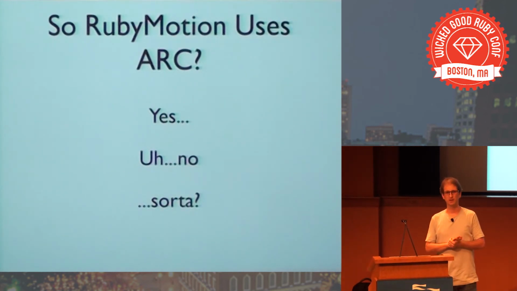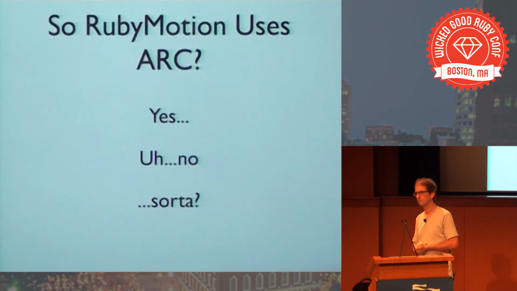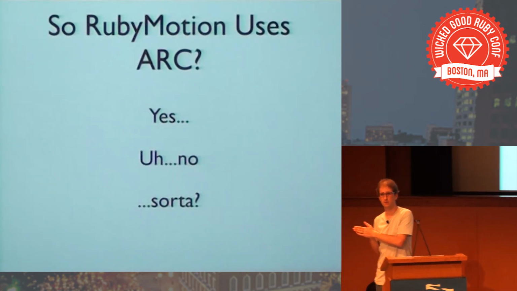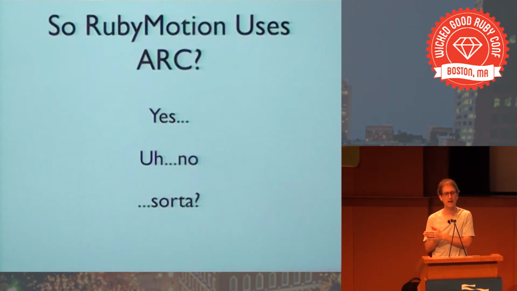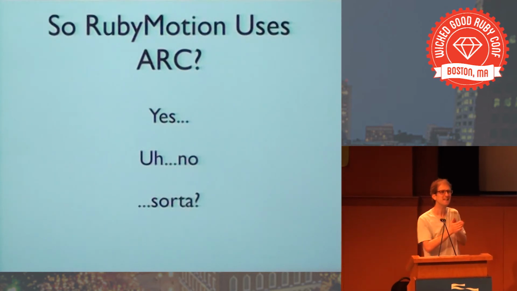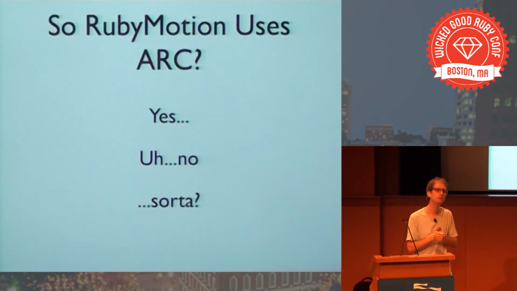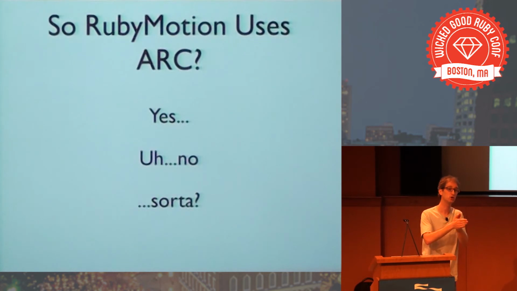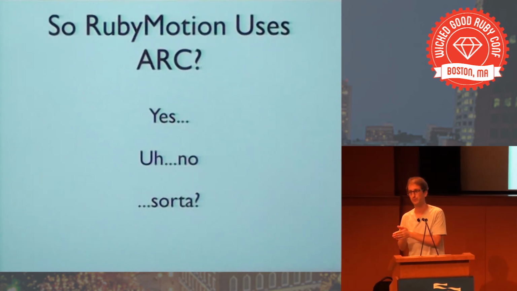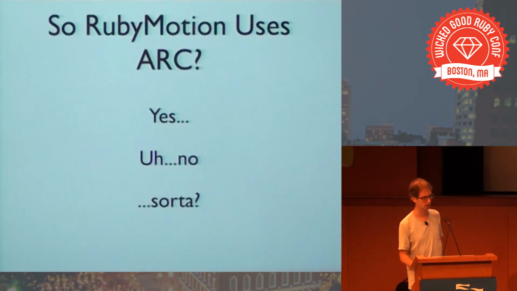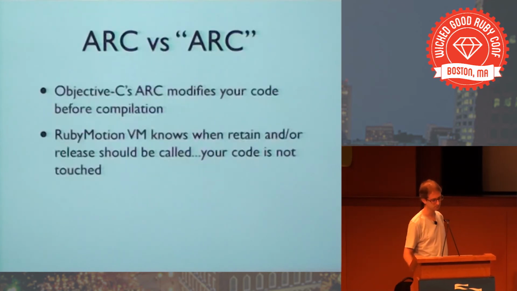But it's really a burden to have to do that. Garbage collectors prevent you from having to manage memory on your own. But Apple figured out there's another way. We can actually just analyze your code, figure out where those retain and release statements should be, and put them in for you. And they called this technology ARC, for automatic reference counting.